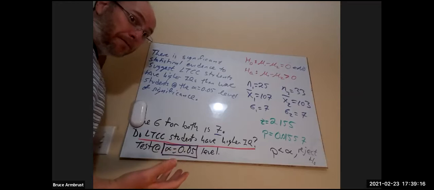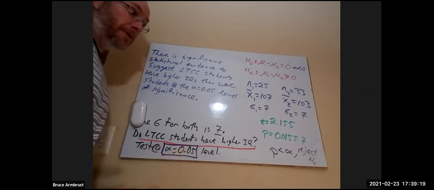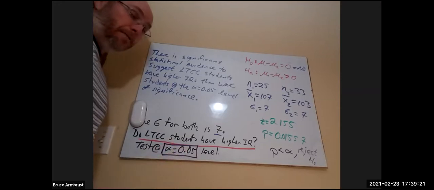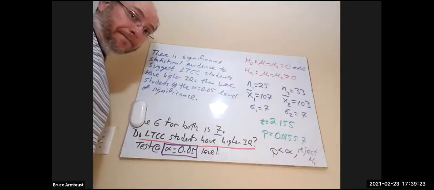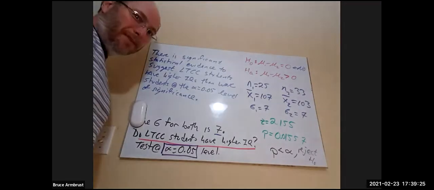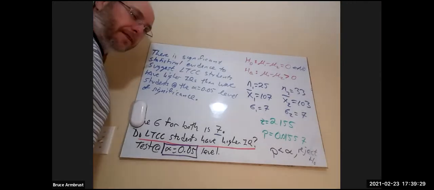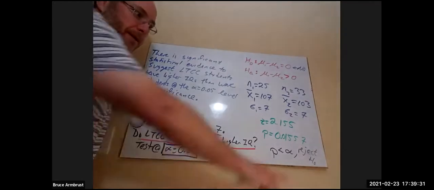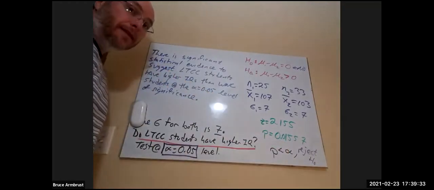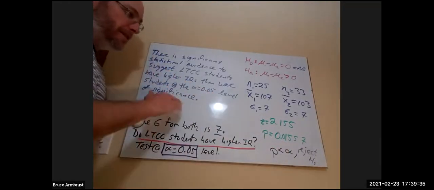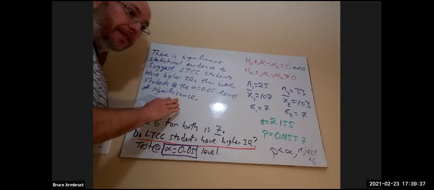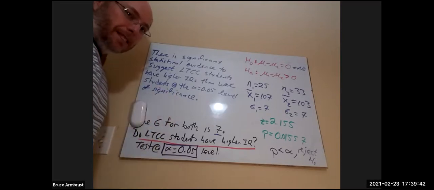Because, for example, if we had wanted an alpha equaling 0.01, so a 99% level, we wouldn't have done this. We wouldn't have rejected H naught because this is bigger than 0.01. So you always need to say at what level of significance you are looking at. Otherwise, it doesn't make sense.